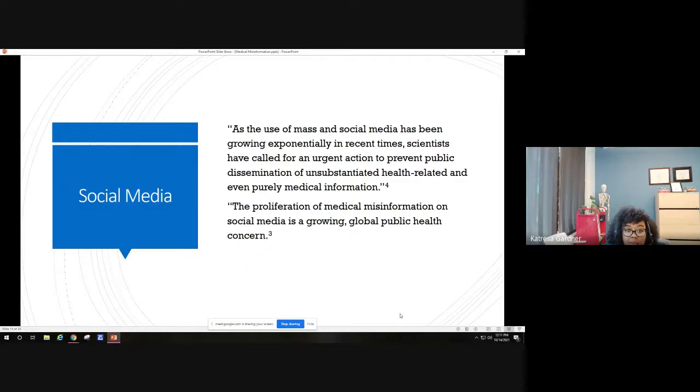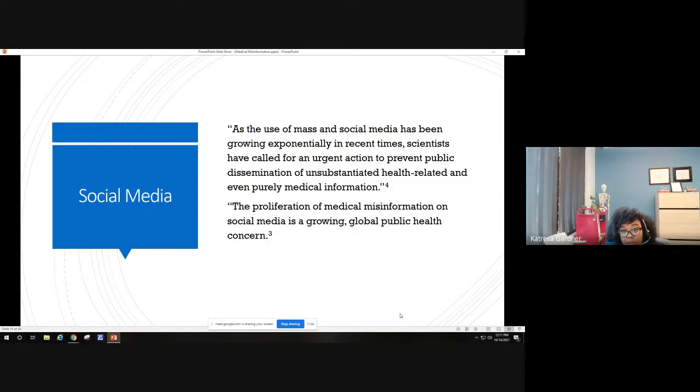And then here's a couple of quotes from social media. As we know, during this pandemic, social media has really been used greatly in the area of medical misinformation on health topics to promote medical misinformation. And in the literature, here are two quotes.